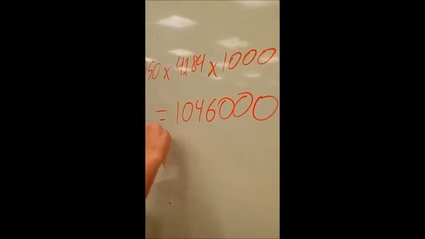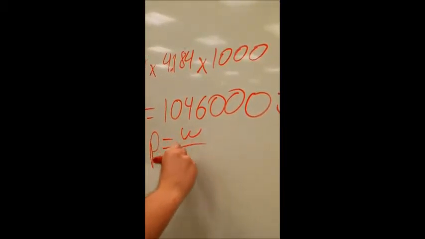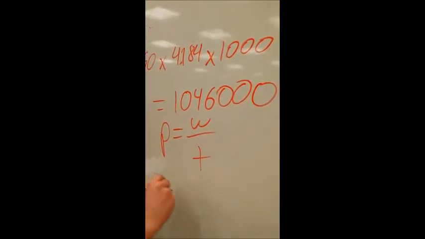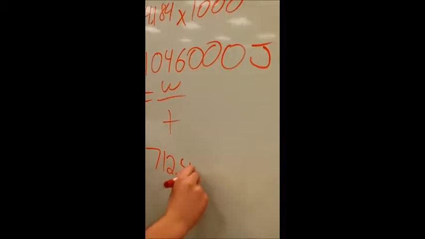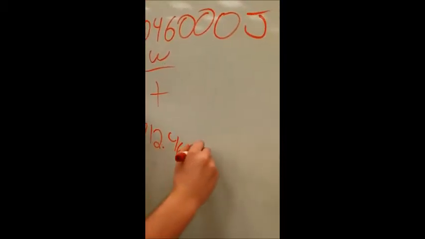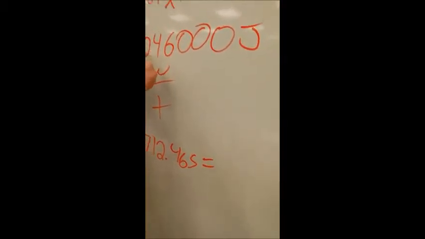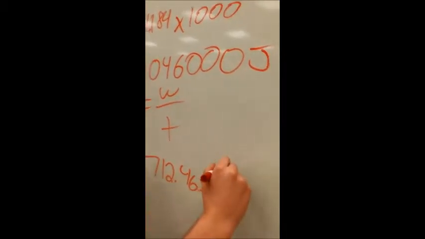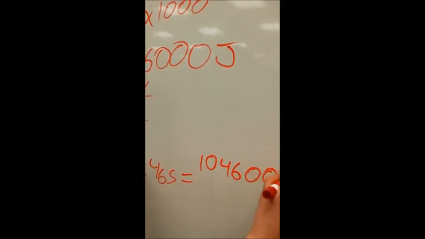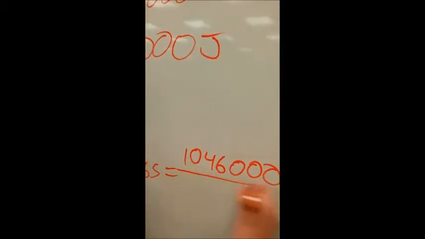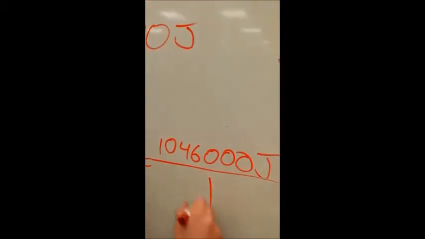Then we will use this formula, power equals work over time. And Hannah's power is 712.465. And the work we have, which is 1,460,000 joules, and we have to divide it by time.